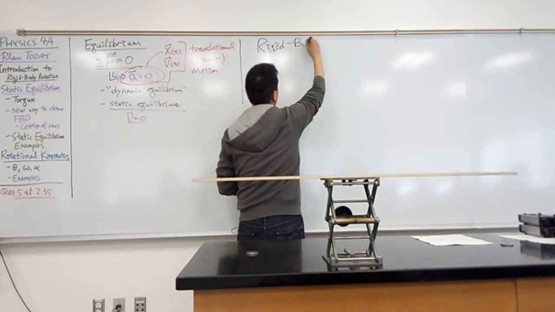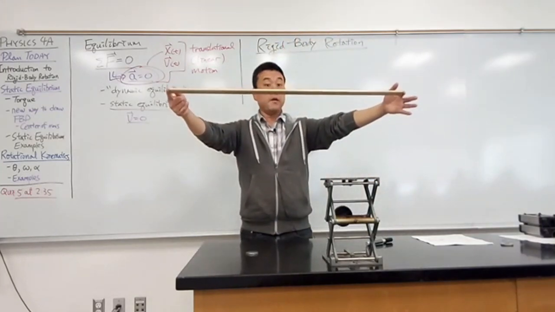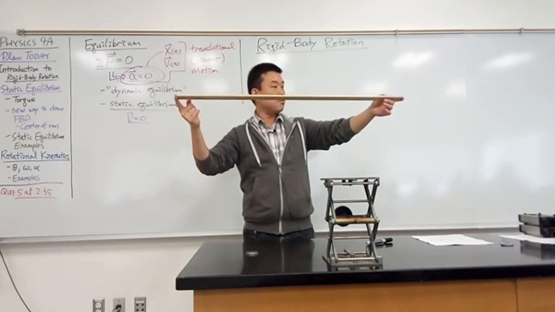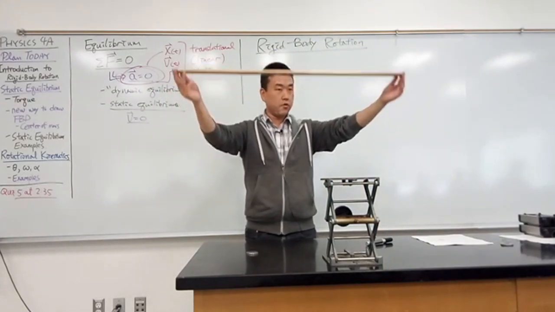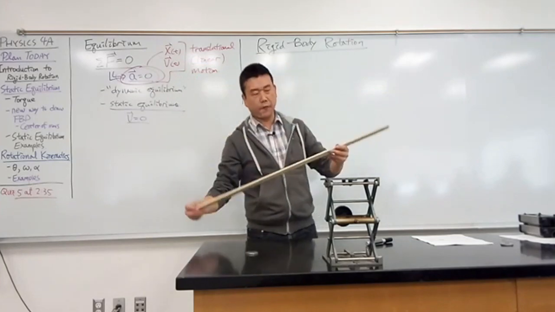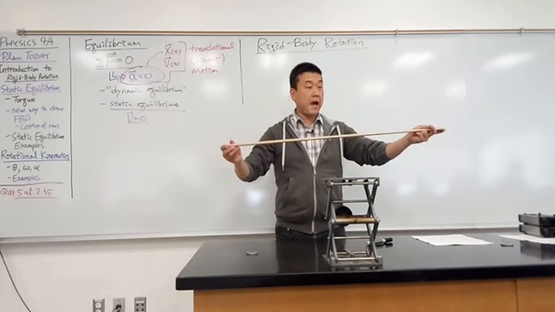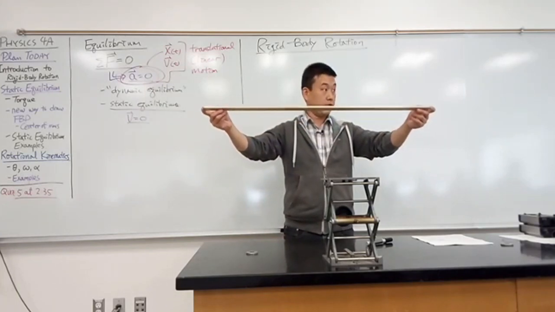When you have an extended object, like this ruler here, then for me to specify that it's at rest and will stay at rest, it's not enough for me to say that net force is equal to 0. I have to say something else is also equal to 0.